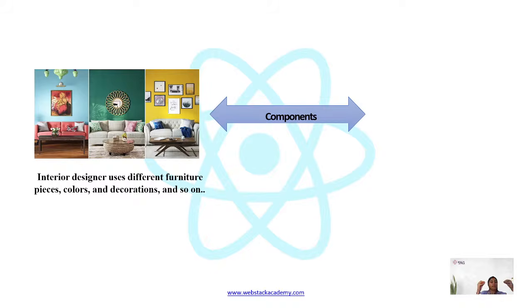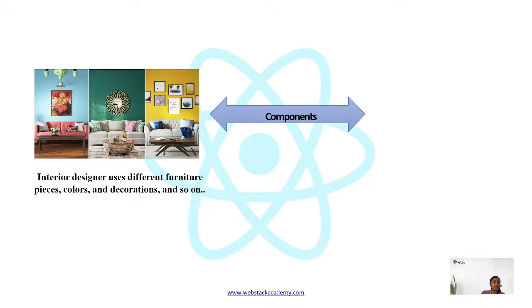When you combine all the rooms, all the design, all the colors, all the decorations, all the furniture, what do you build after combining all this? After combining these small parts, what are you building? Tell me everyone. You are building a beautiful house, right? Without this, can you imagine your house?